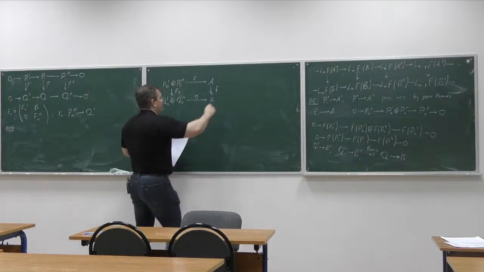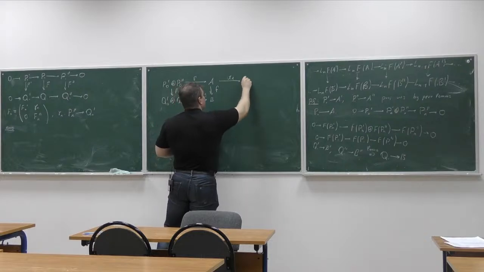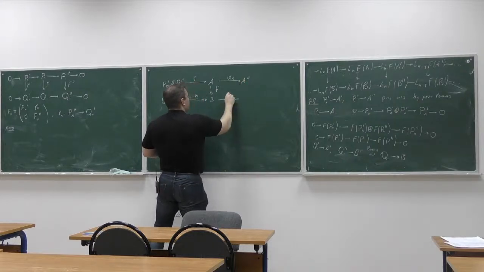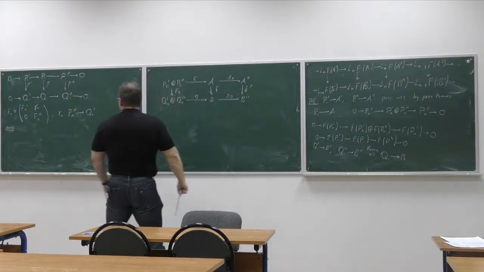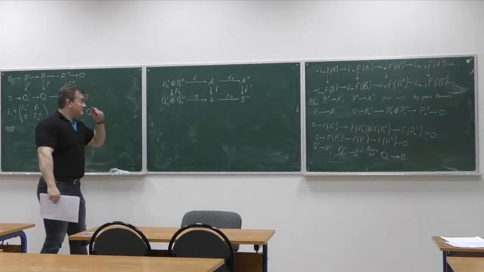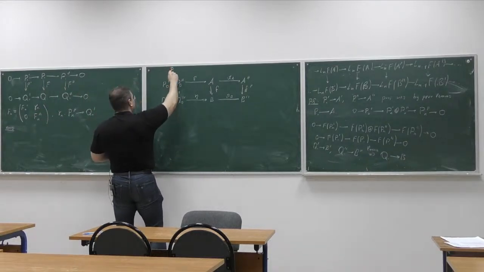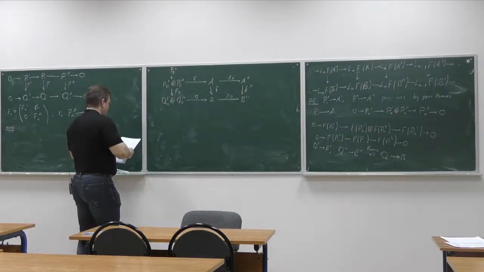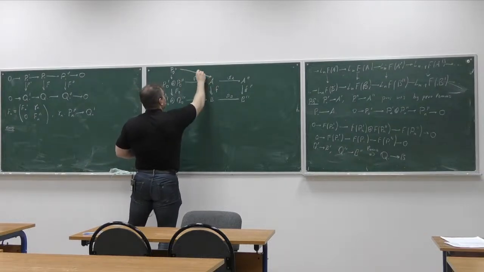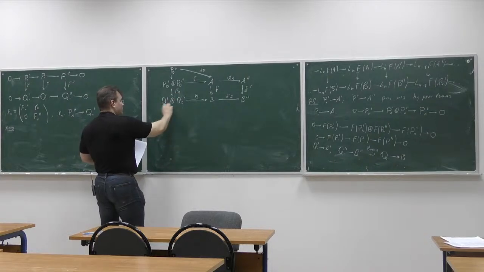Okay, so just for completeness, let me add the projections. So let me call pi A the map to the A double prime, pi B map to the B double prime, and here the map is F double prime. So this is just the part of the diagram that I just erased. Now I want to introduce something new. So let me consider the embedding of the P0 double prime in this sum. And the composition I'm going to call lambda P. Here I have two projections, two components.